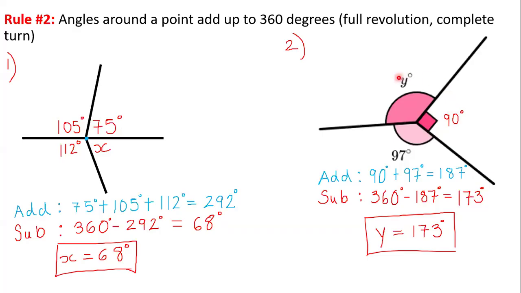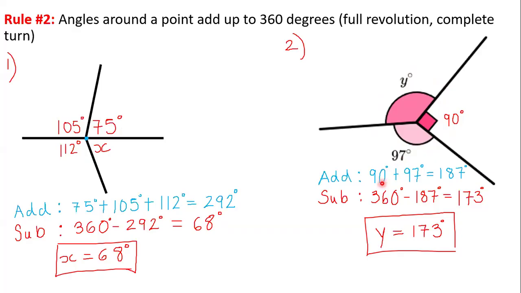Good. And the same concept here. We know that the full thing is 360 when we add all of them together. We know that this is 90. How do we know this is 90? Because of the square, the little box there, right? So that's 90. We do 90 plus 97.